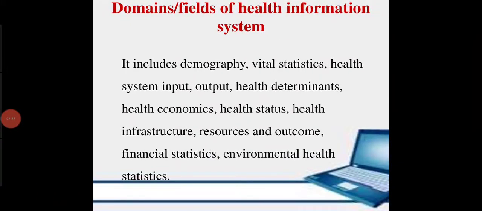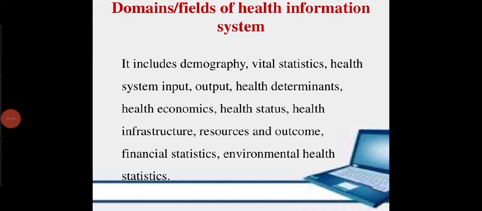Domains or fields of health information system. It includes demography, vital statistics, health system input, output, health determinants, health economics, health status, health infrastructure, resources and outcome, financial statistics, environmental health statistics.